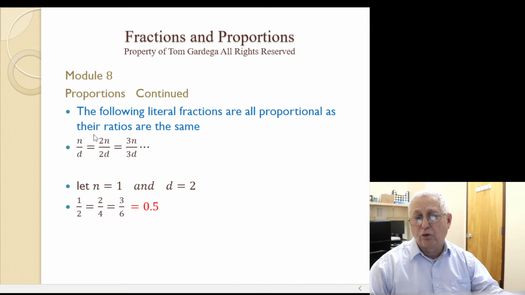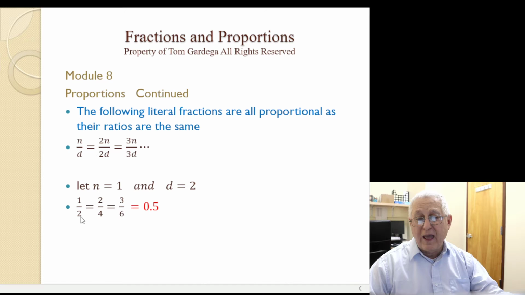Here we have literal fractions. They're all letters. We have n is to d equals 2 times n to 2 times d equals 3 times n to 3 times d. Let's evaluate this with numbers a second. Let n equal 1 and d equal 2.